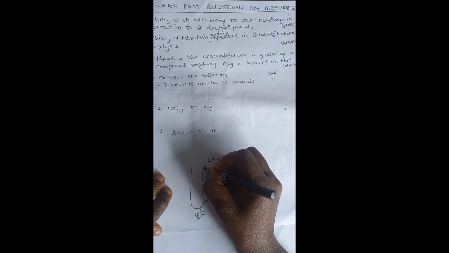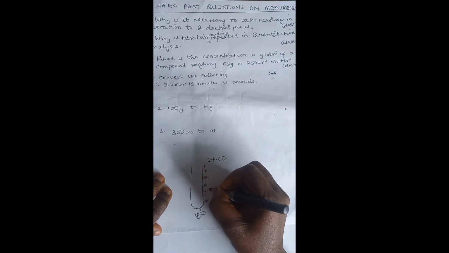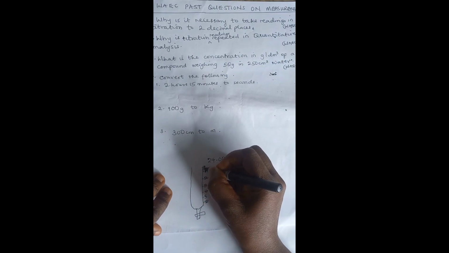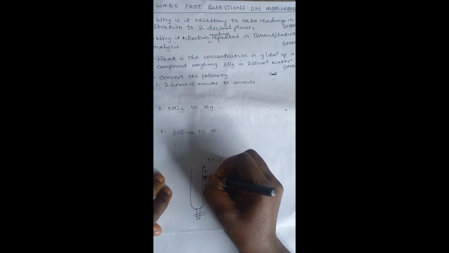In between these values, you have other readings. Or let's assume this is 1, 2, 3, 4, 5, 6, up to 50. Now, we have 1.1, 1.2, 1.3, like that, up to 9 lines in between to the next one.